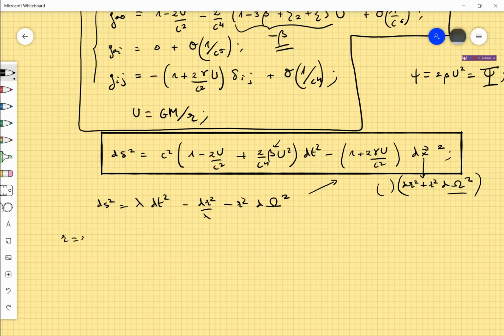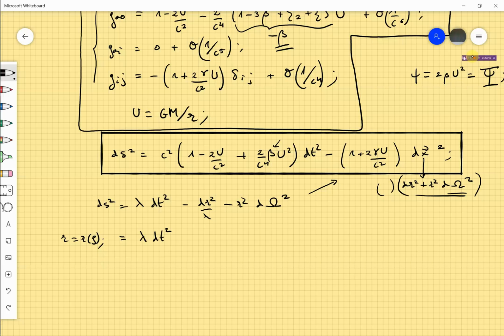Now r will be a function of this new coordinate rho. We call it rho for the moment, and at the end we will call it r again. If you change from r to rho, lambda will be lambda of rho, but there is nothing else to take into account here.